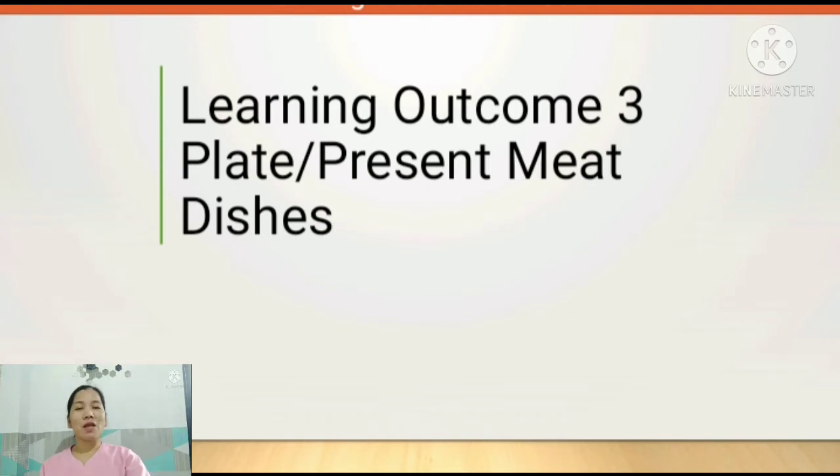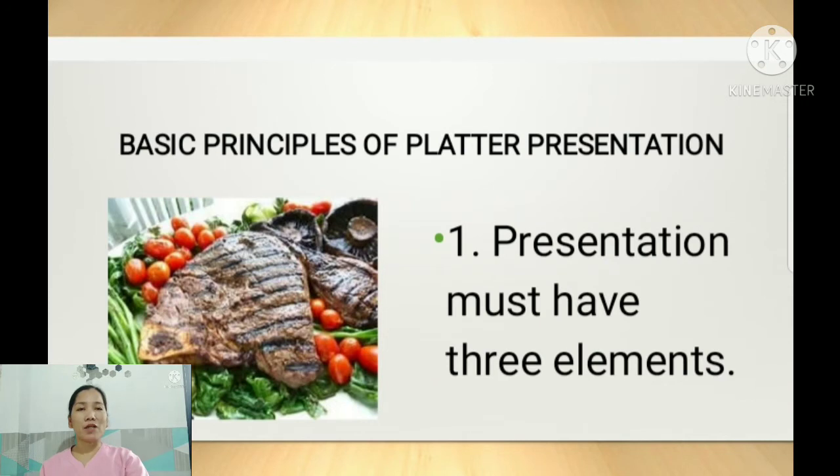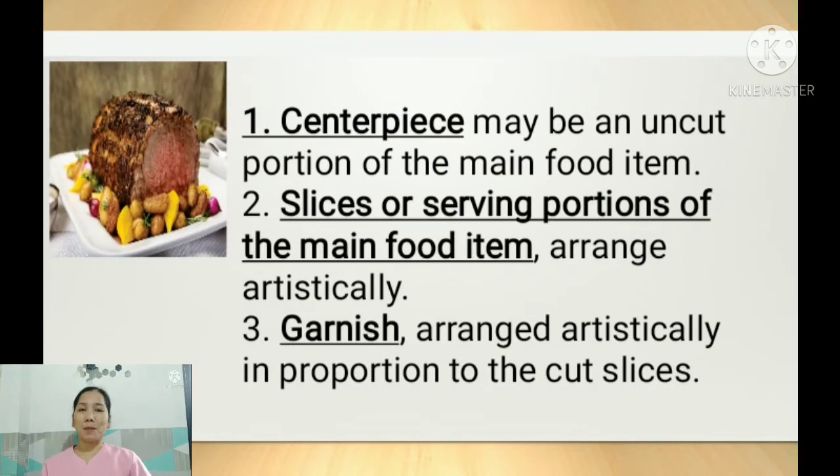Okay, so let's start our discussion with the basic principles of platter presentation. Your presentation must have 3 elements. What are those? First is the centerpiece. The centerpiece may be an uncut portion of the main food item, just like what you see in the picture. The second one is the slices or serving portion of the main food item arranged artistically.